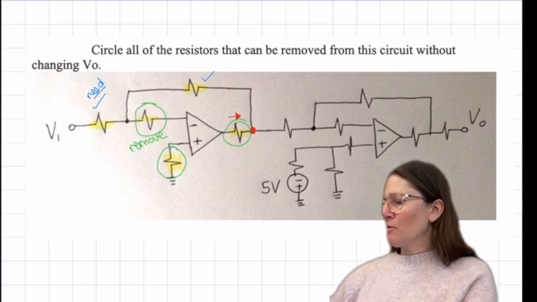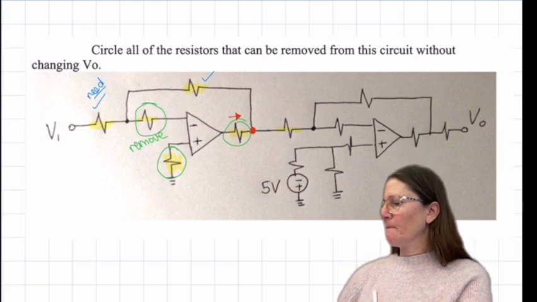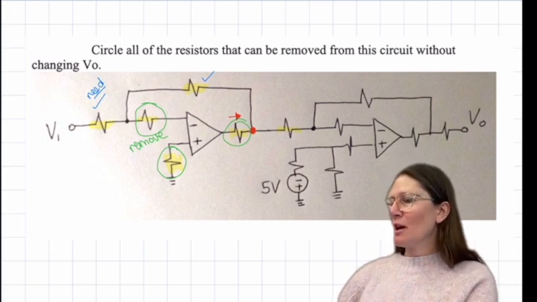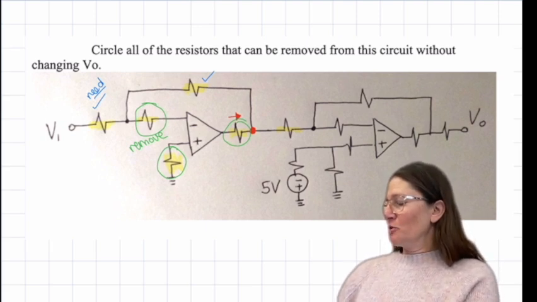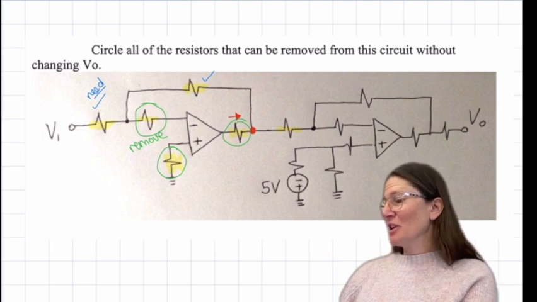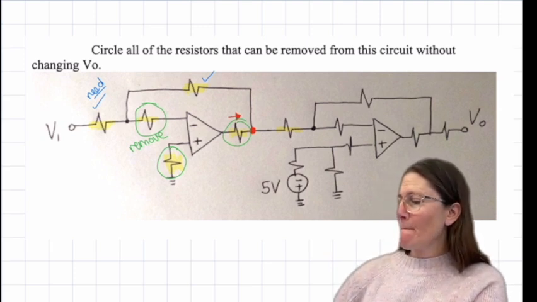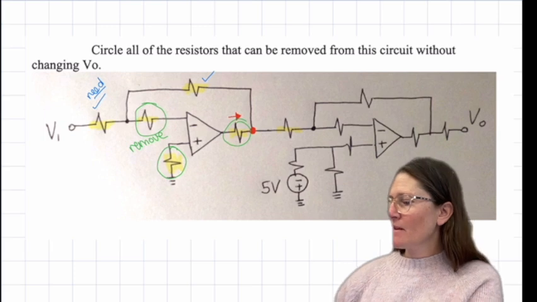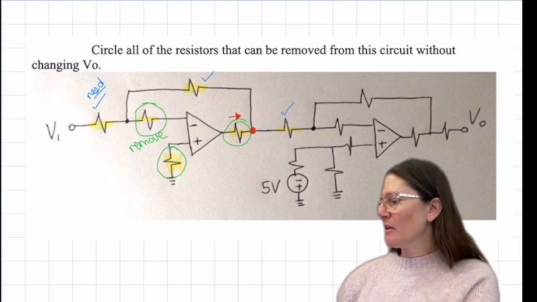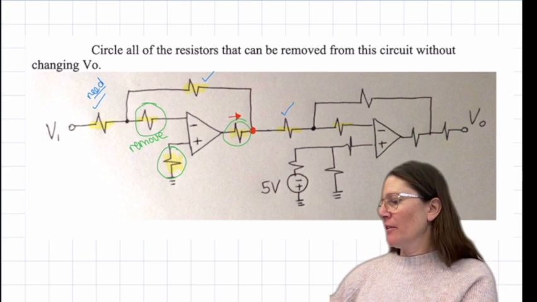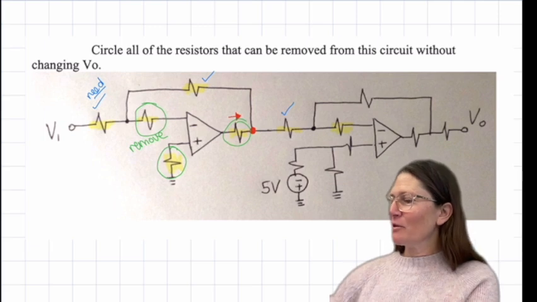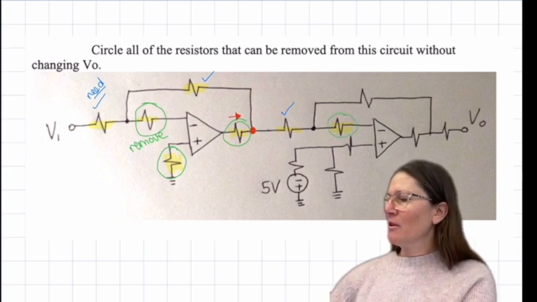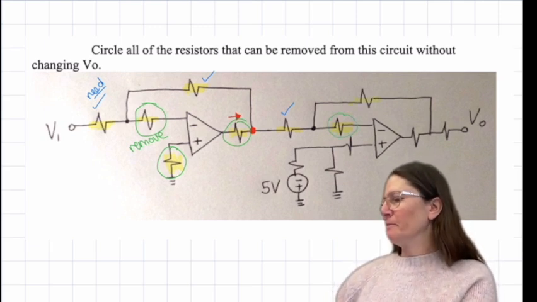All right, what about this one? Yes, you need that one. That's part of the subtracting and inverting side. So this one is needed. This one? Okay, good. You can remove that one. What about this one?